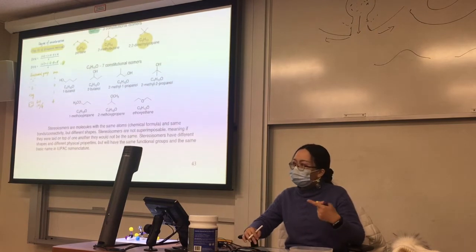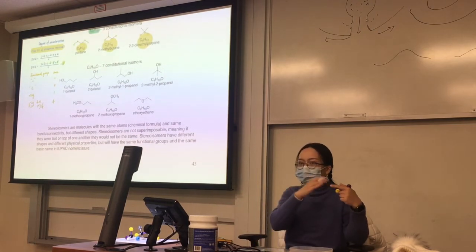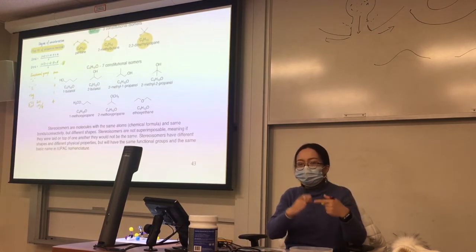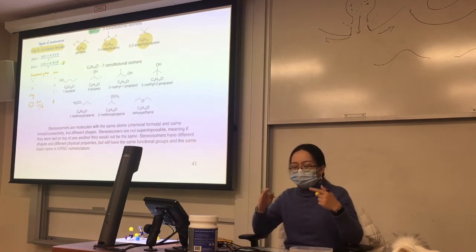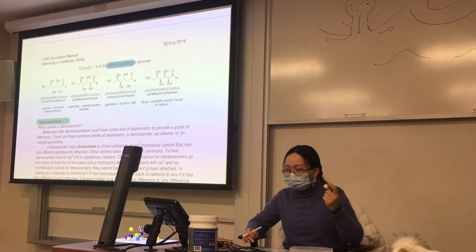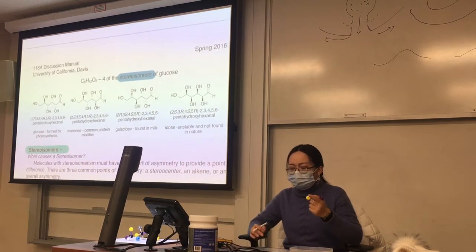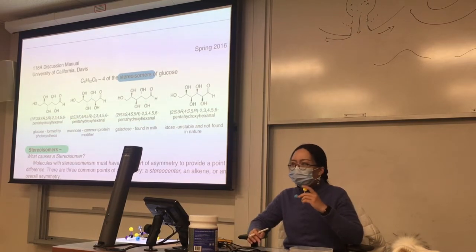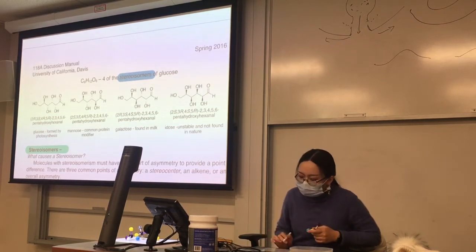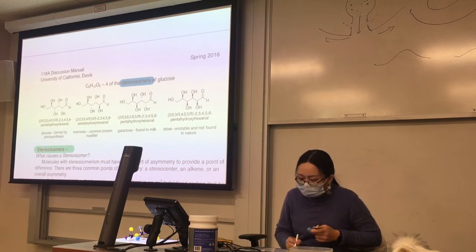Unlike the previous exercise, where I could put carbon on number 1, number 2, or number 3 and oxygen on number 1, number 2, and number 3, in the example that we are going to discuss in stereoisomers, the carbons and the oxygens are all bound to the same atoms. The only difference is whether this bond is wedged out or dashed in. So you can see the example showing here.